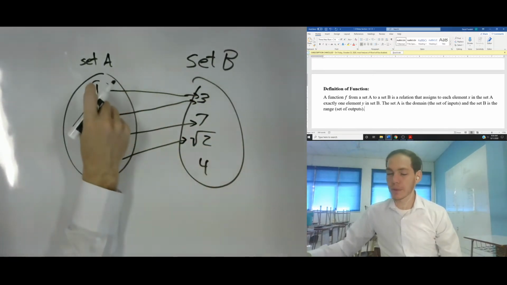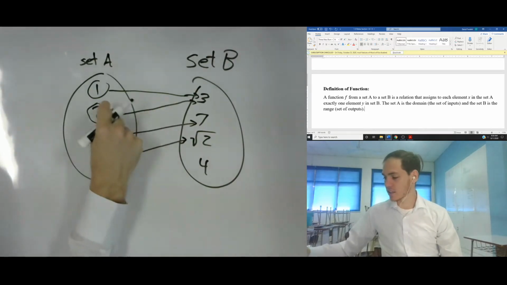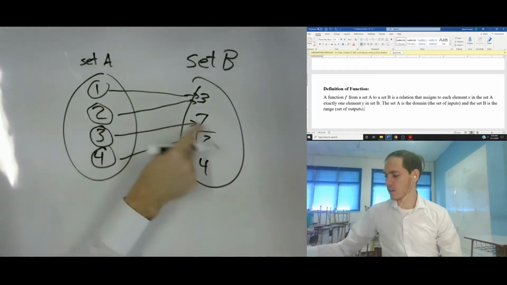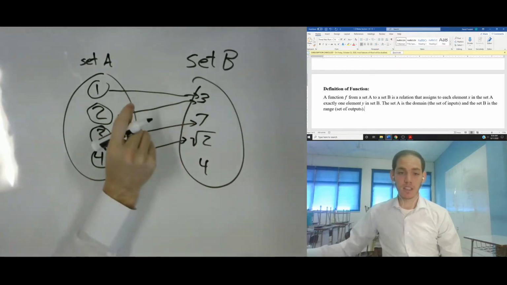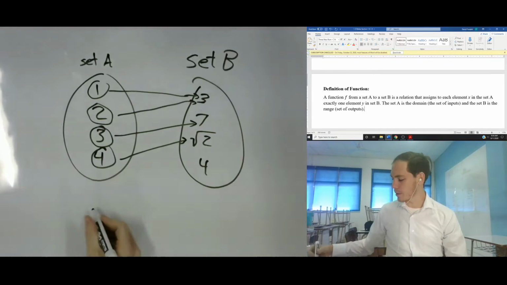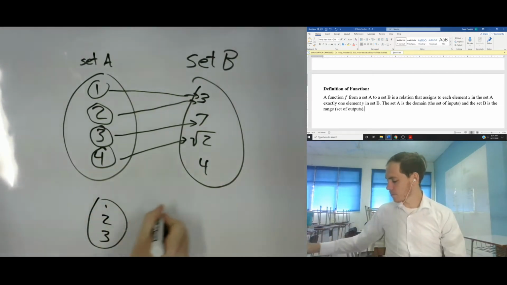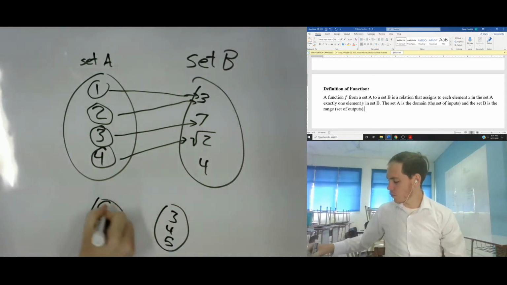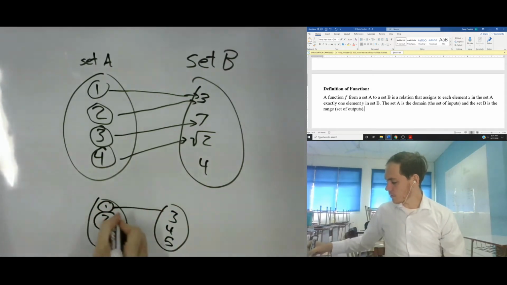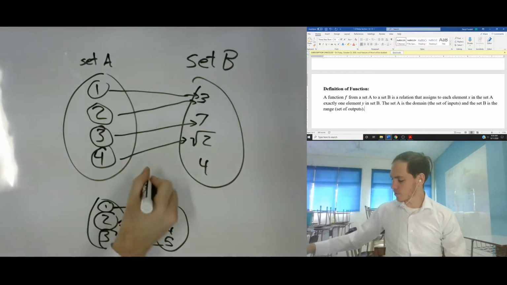Can two inputs correspond to one output? Absolutely. But one of these can't correspond to two different outputs. So for example, this is a function. What wouldn't be a function, this is not a function, 1, 2, 3, and let's say this is 3, 4, 5. So if 2 corresponded with two different things, this would not be a function.